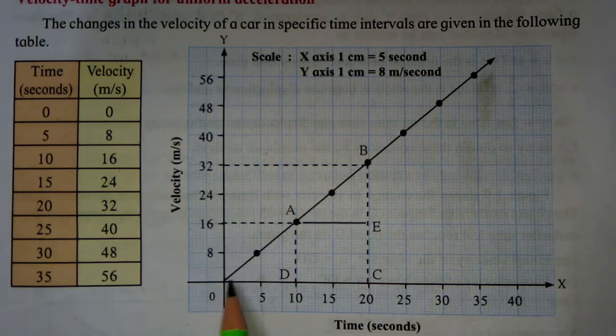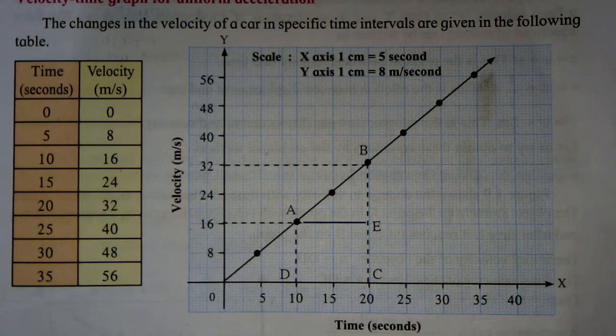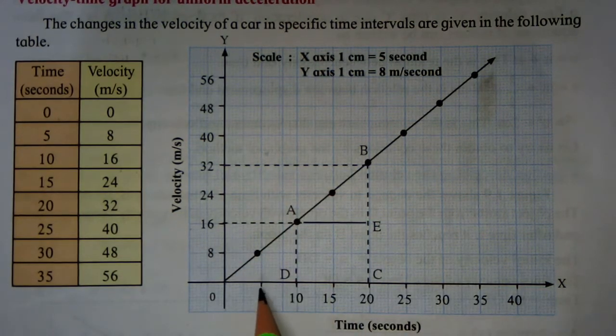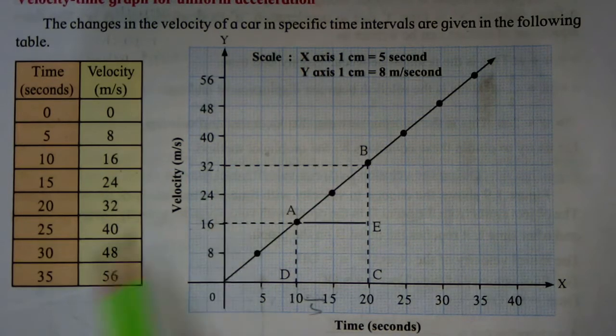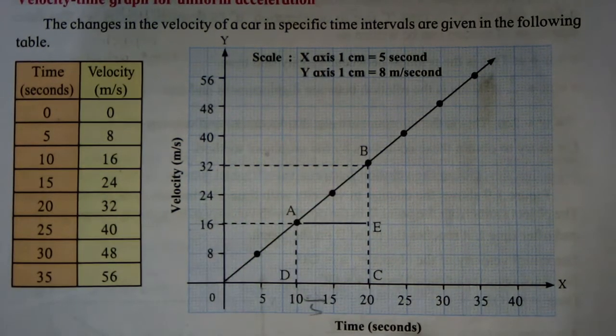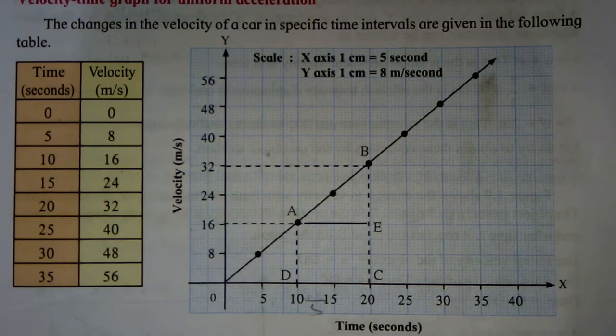As it moves along the axis, the time increases by 5 each step, and the velocity increases by 8 meters per second: 8, 16, 24, like this. So this is a velocity time graph.